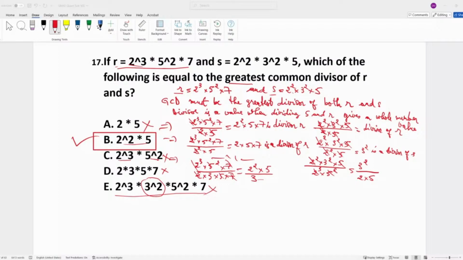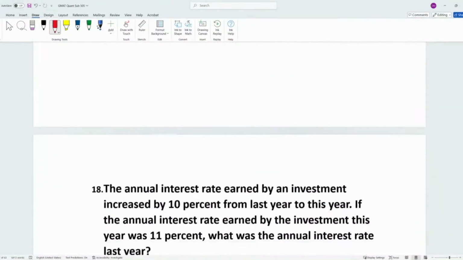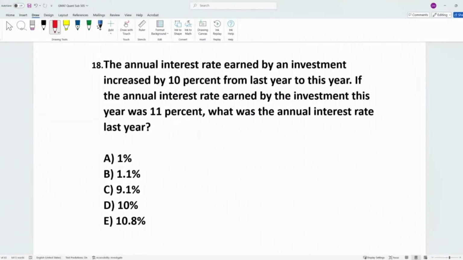Okay, so now let's take maybe 3 more questions. Question 18. It says the annual interest rate earned by an investment increased by 10% from last year to this year.